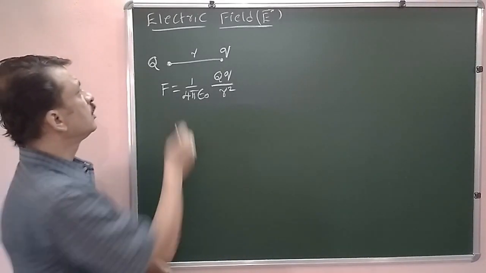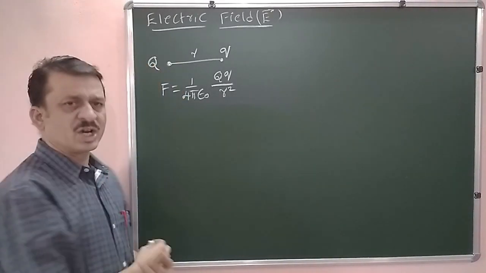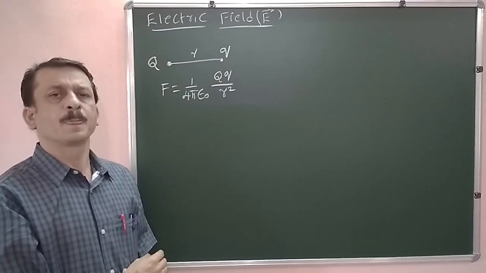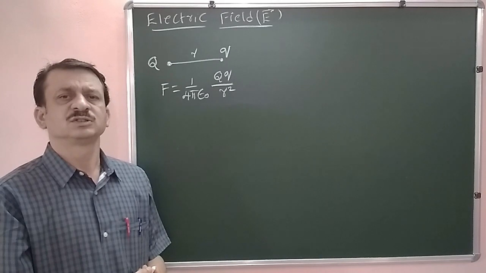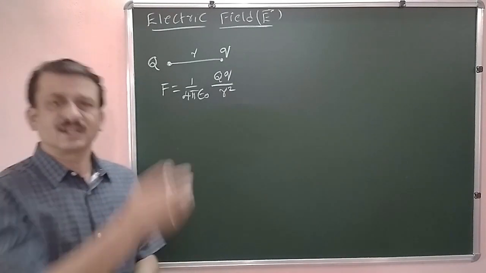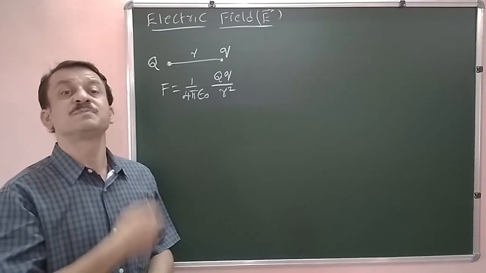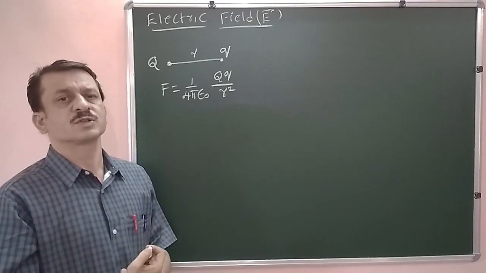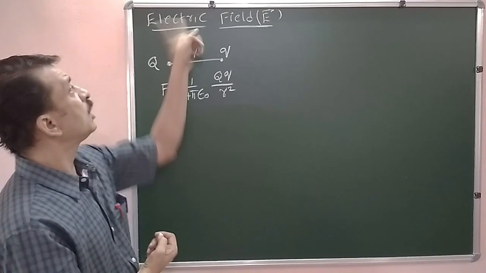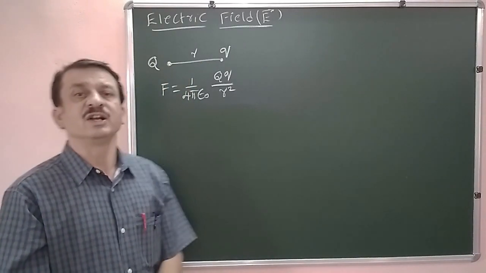So if you consider a point charge capital Q, the region around the point charge at which another test charge will experience an electrostatic force, that region we call the electric field.